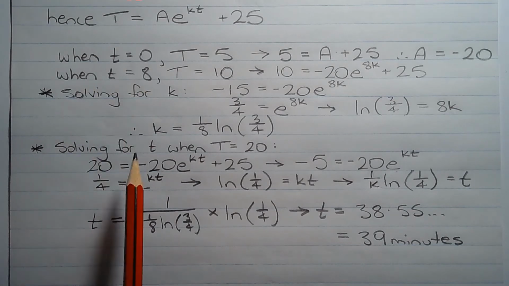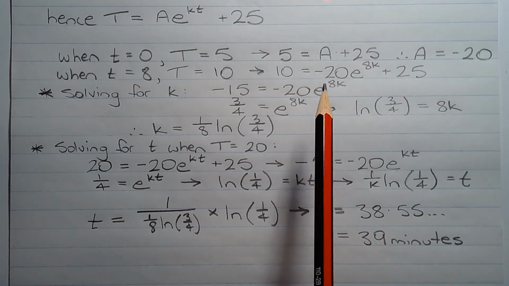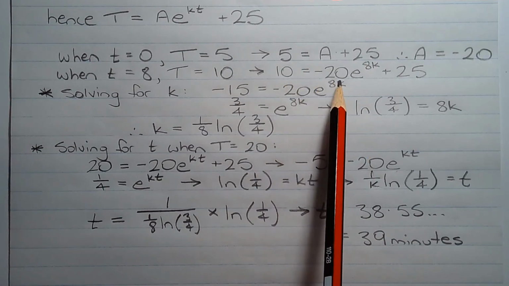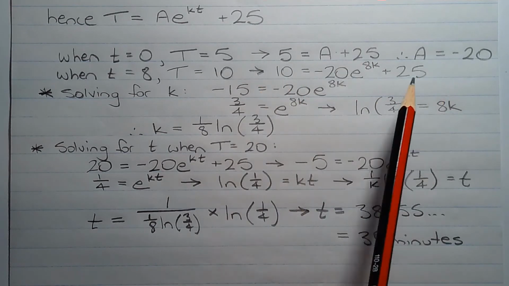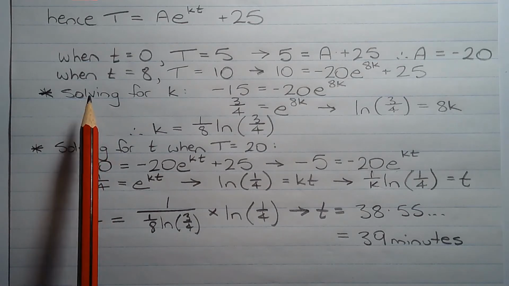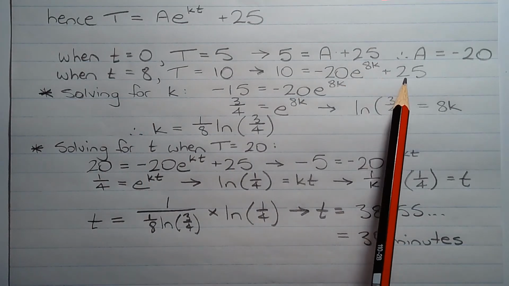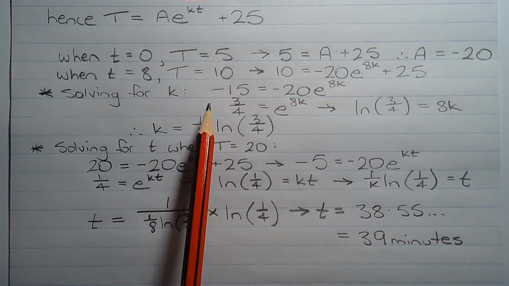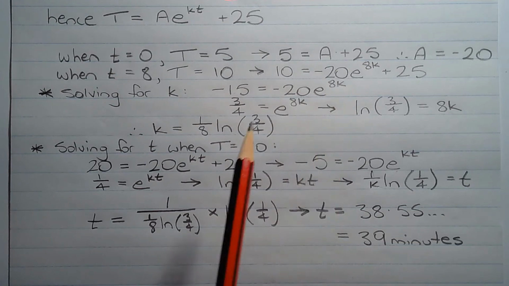When t is equal to 8, T is equal to 10. 10 is equal to negative 20 multiplied by e to the power of 8k plus 25, and this equation can then be used to solve for k. So solving for the growth constant k, firstly subtract 25 from both sides. So we have negative 15 is equal to negative 20 multiplied by e to the power of 8k.